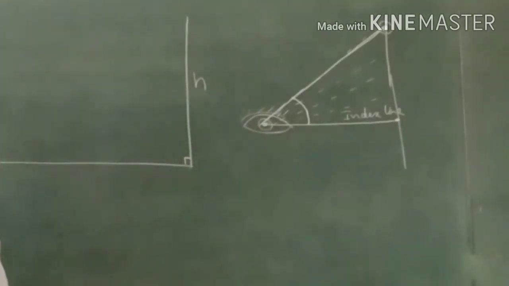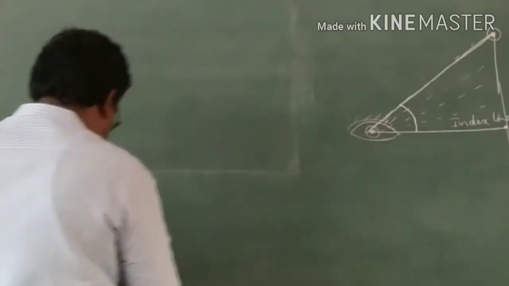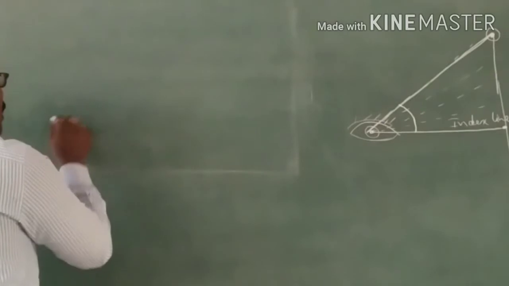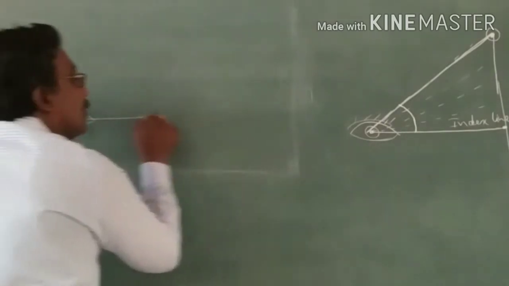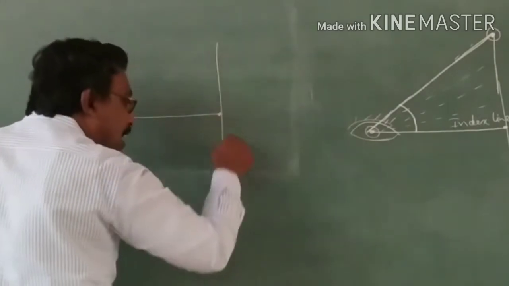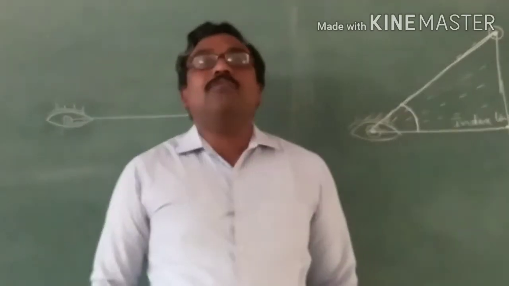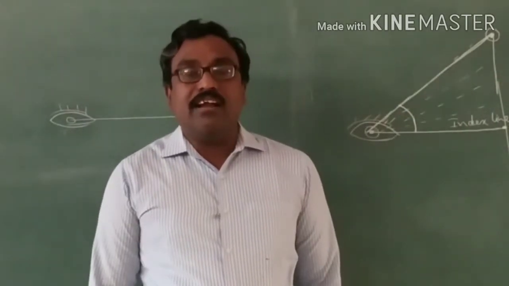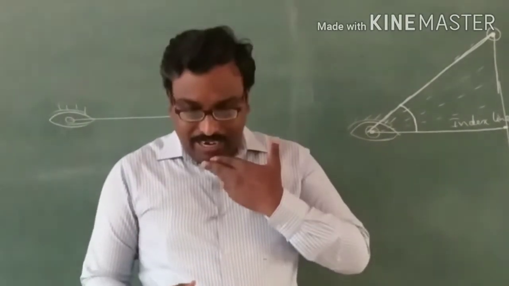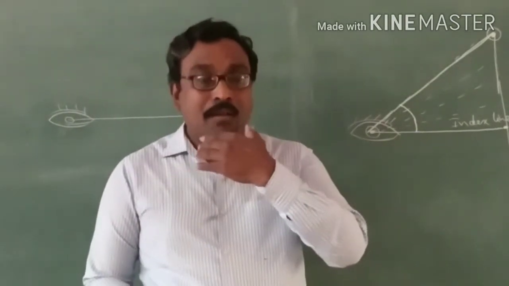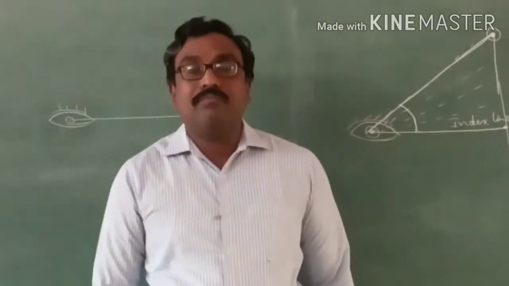Suppose now, for example, this is your index line, and you are observing the object. Now I am doing one more experiment. I am standing like this. It is my index line. Now without bending my head down, I should see what is there on the floor.